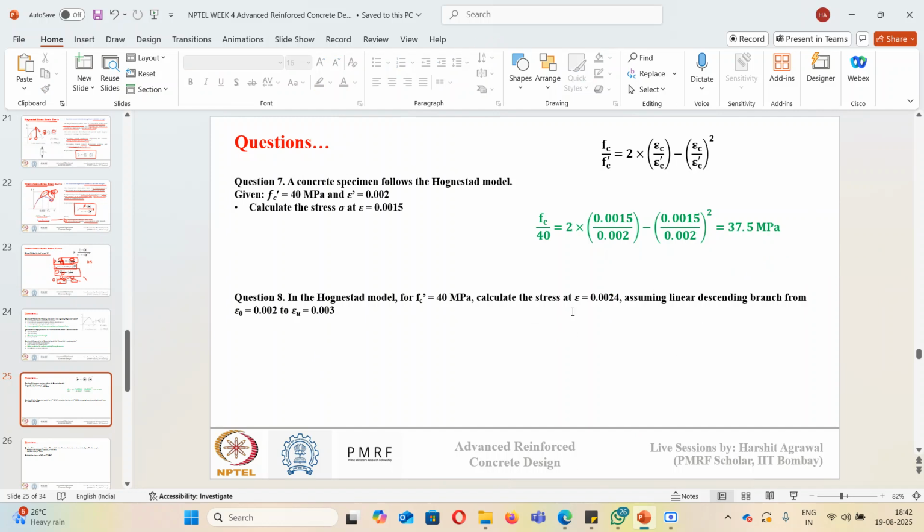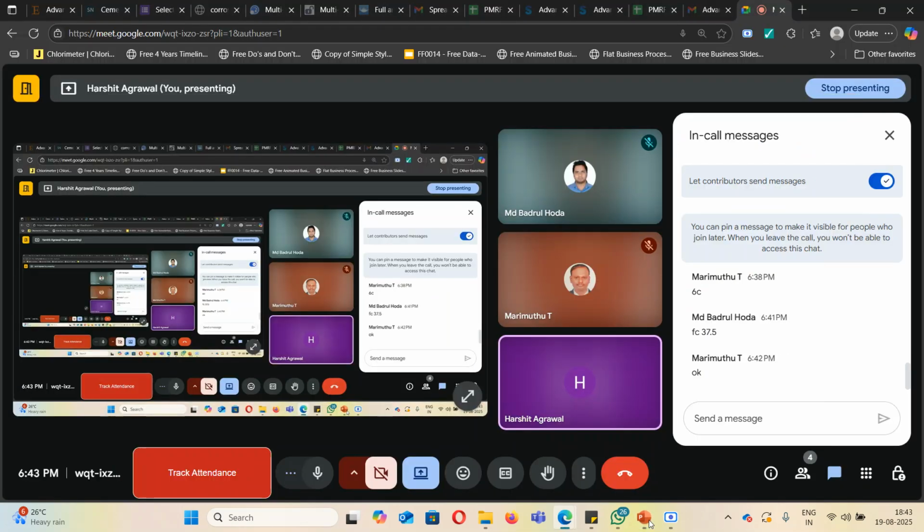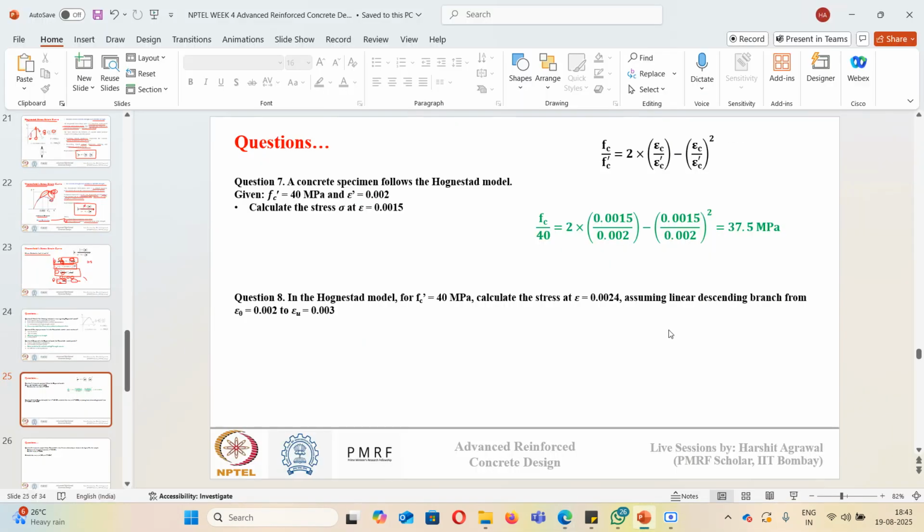So how will you calculate this? Did anyone give it a try?